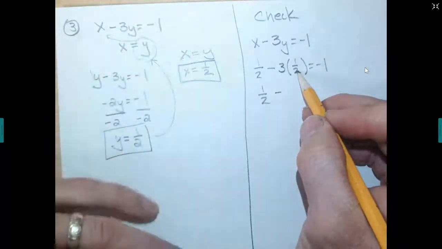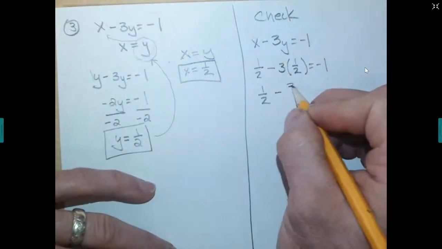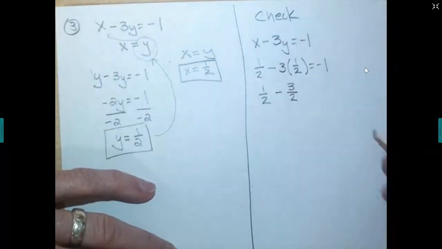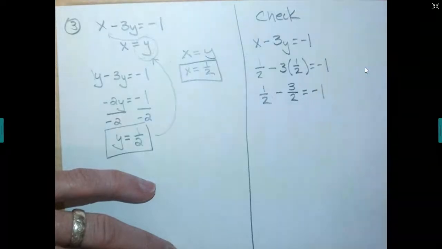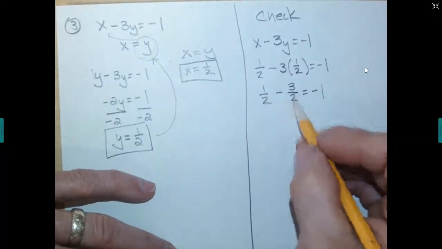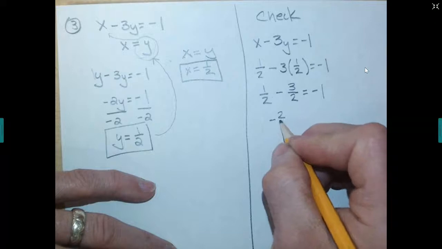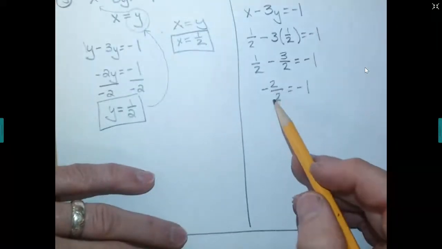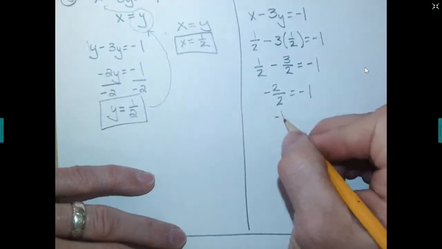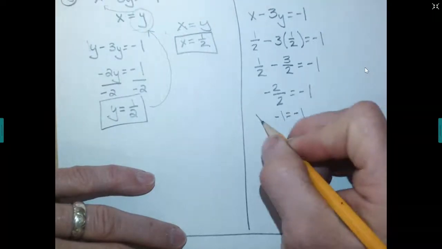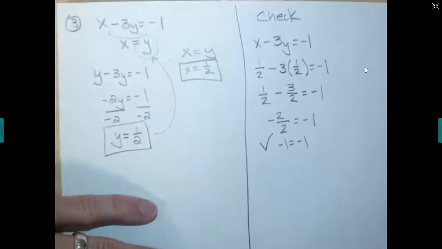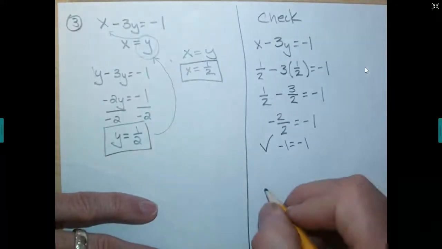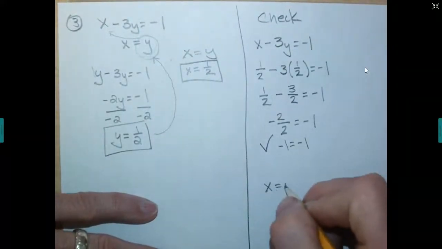That would be 1.5, or 1/2 minus 3/2 is -2/2 equals -1. -2/2 is -1. Hey, so that one checks out. And then our other equation is x equals y.